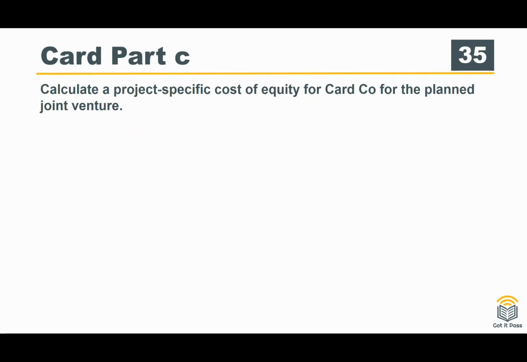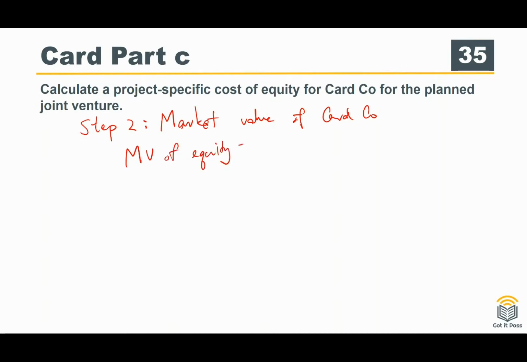For project-specific cost, the second step is the market value of Card company. Here the equity value is the shares outstanding, 8 million shares, times the market price of $7.16.